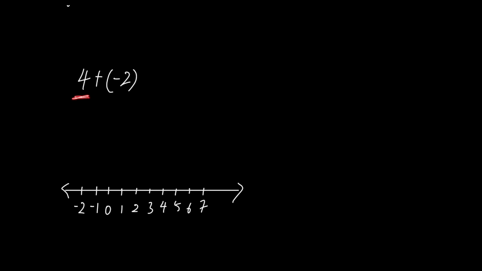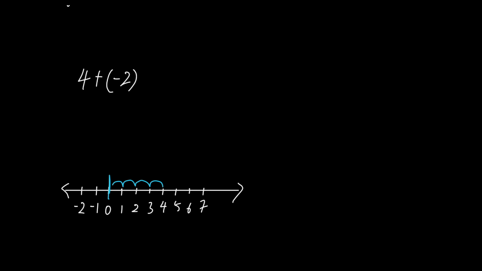For number 4, remember that's a positive, so we're going to move from 0 to the right. We start from 0 and move 4 steps because that number is 4. So 1, 2, 3, 4. And from that, we're not done yet. We have a negative number, and a negative number means we have to move to the left.